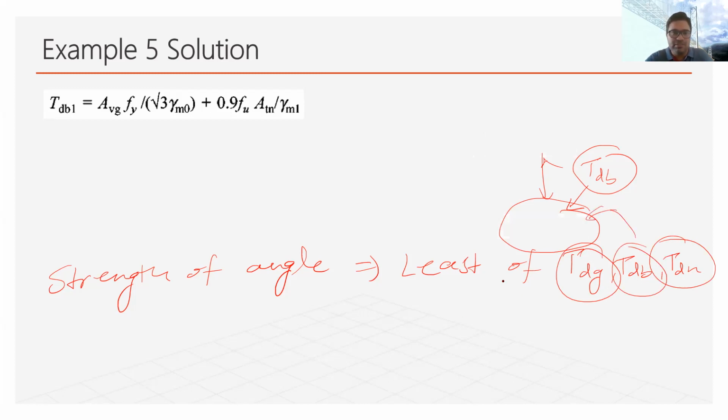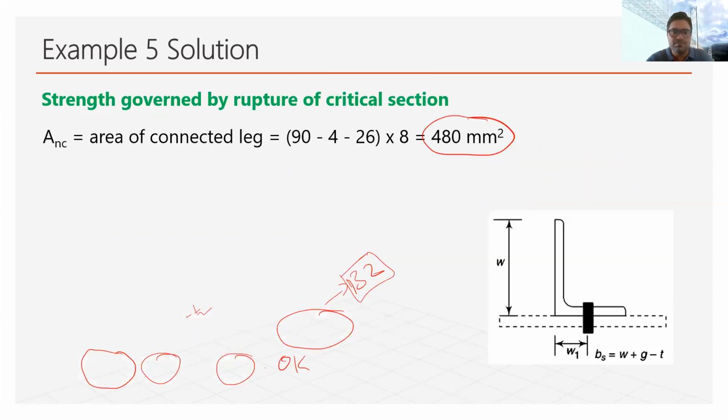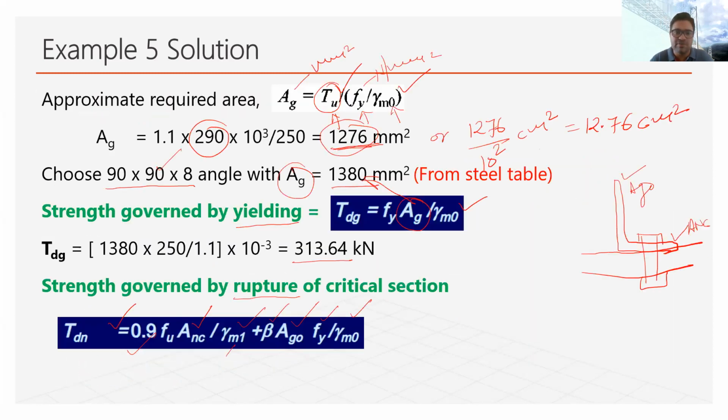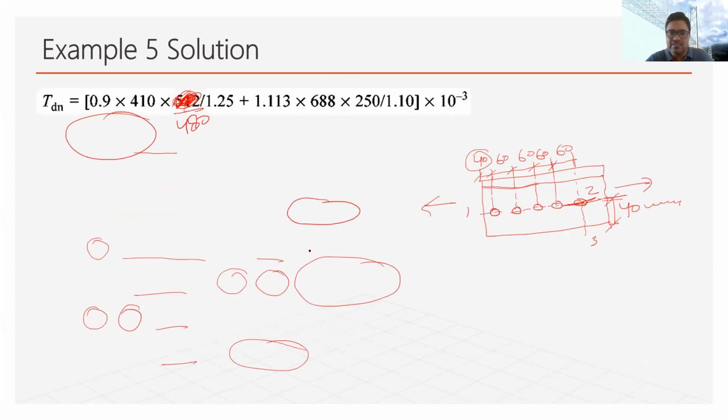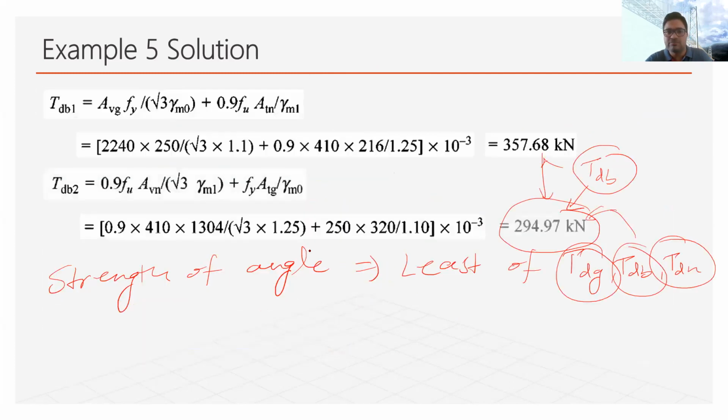So now again we will see what is the value of TDN. TDN value is 315 and TDG value is 313. So 313 and 315, they are less than the TDB value. Wait, they are more than the TDB value, so the least value will be TDB, which is 294.